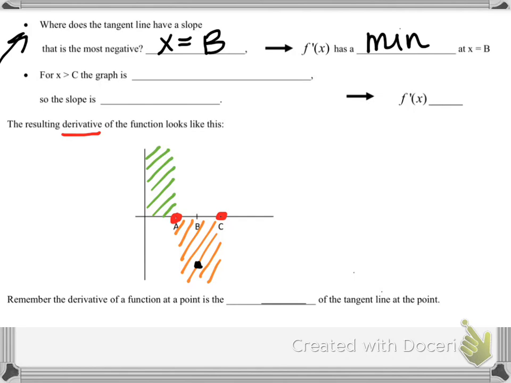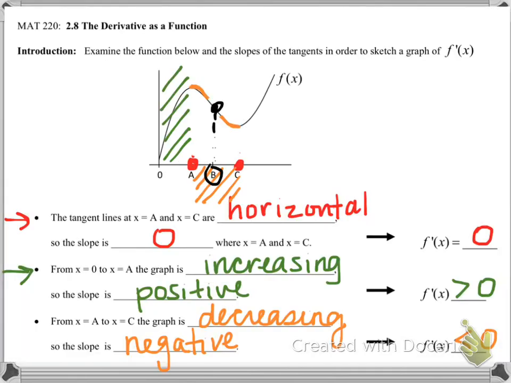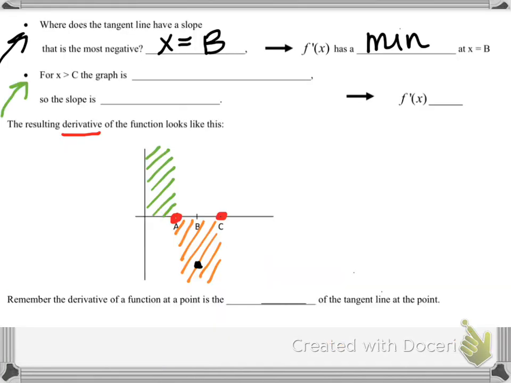So now let's finish up by going to the x values that are greater than c. Once again, back to our original graph, if we take a look at the right-hand part of the cubic, my function is increasing again, so my slopes are positive.